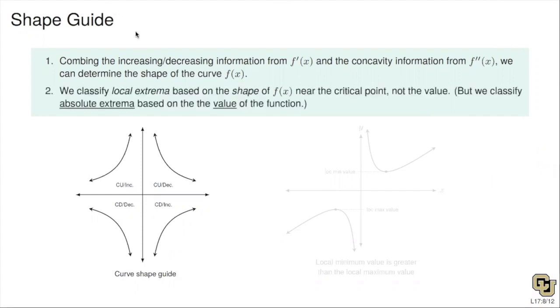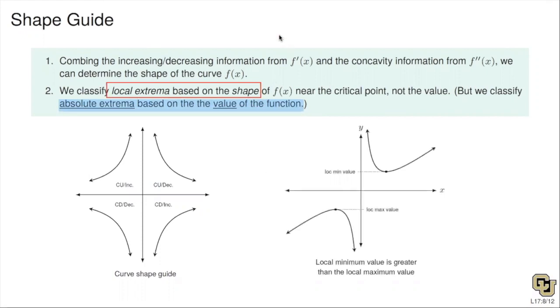The other thing I want to just emphasize is that we classify local extrema using the shape, okay? And we classify absolute extrema using the value of the function. So I have a little example here to show you what I'm talking about.